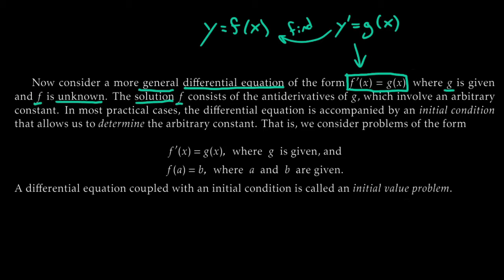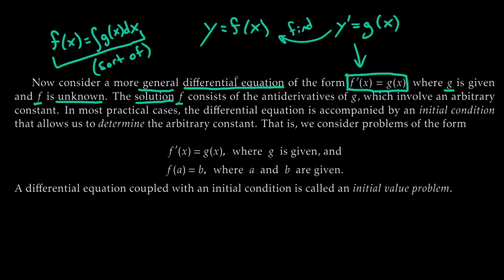Naturally, since f prime of x is g, this means that f of x is an antiderivative of g. So we'll find out what f is just by finding an antiderivative of g, which just involves taking an indefinite integral of g. Now, this part is only sort of true.